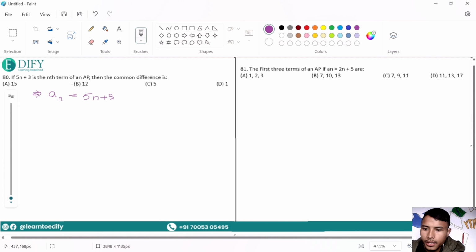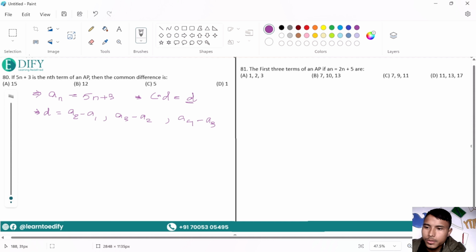Then we have to find the common difference, which we keep as d. So how do we find d? Isn't it the next term minus the first term? Let's say a2 minus a1, or a3 minus a2, or a4 minus a3.